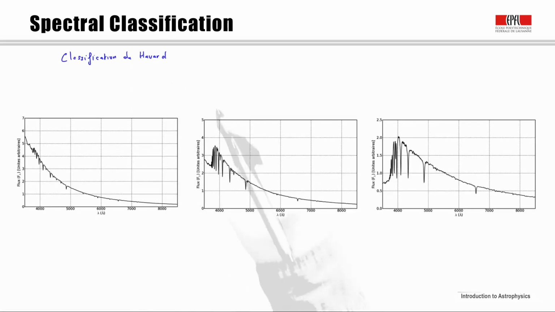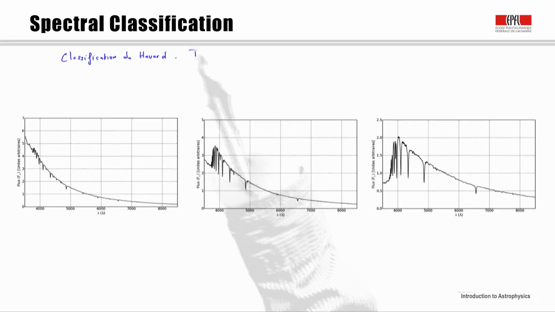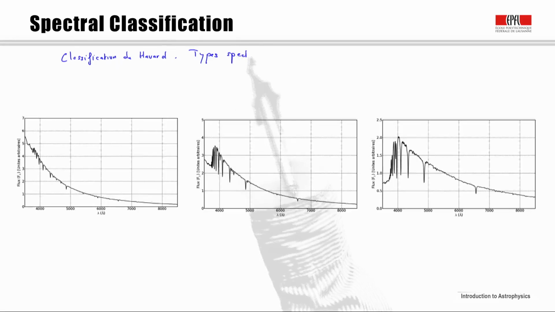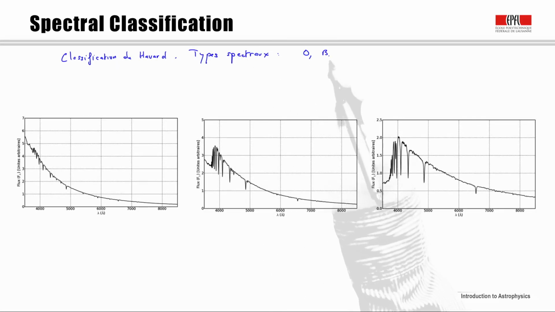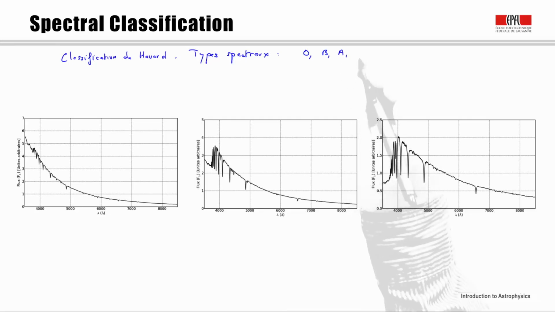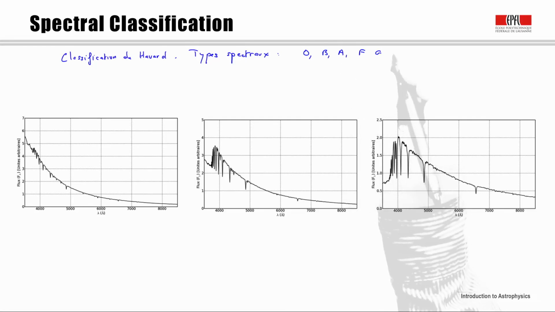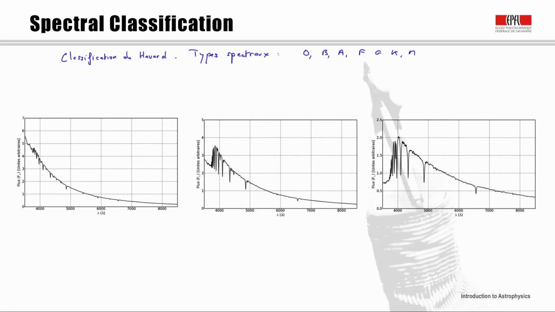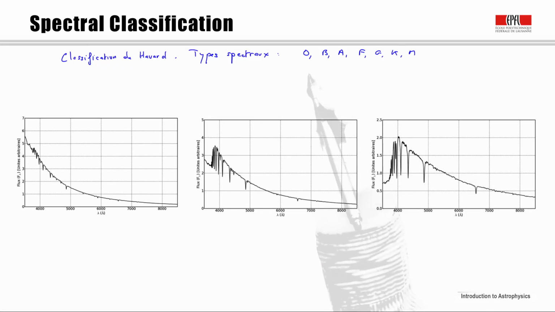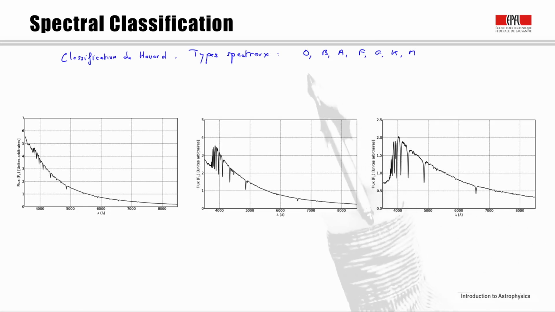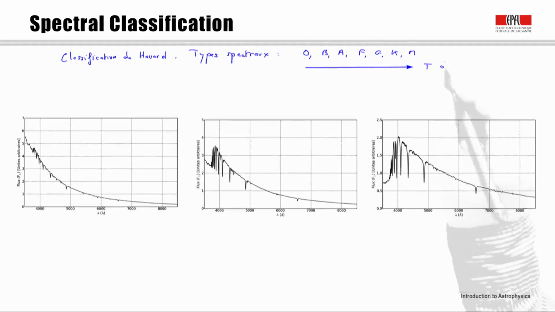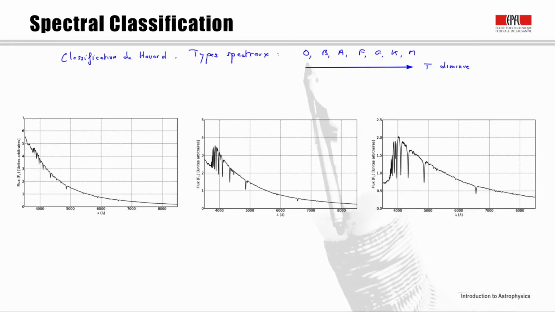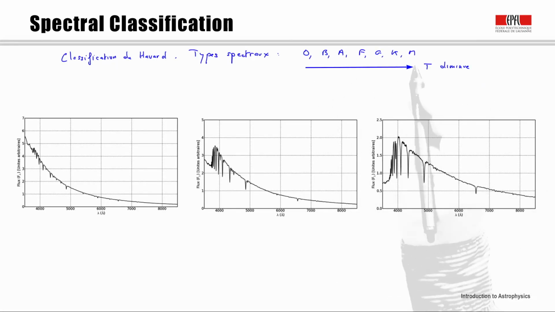In the Harvard system, we have spectral types named as O, B, A, F, G, K, and M. We have 7 letters to indicate several spectral types. From one side of the scale to the other, the temperature decreases. We typically go from 40,000 degrees here down to 3,000 Kelvin here.